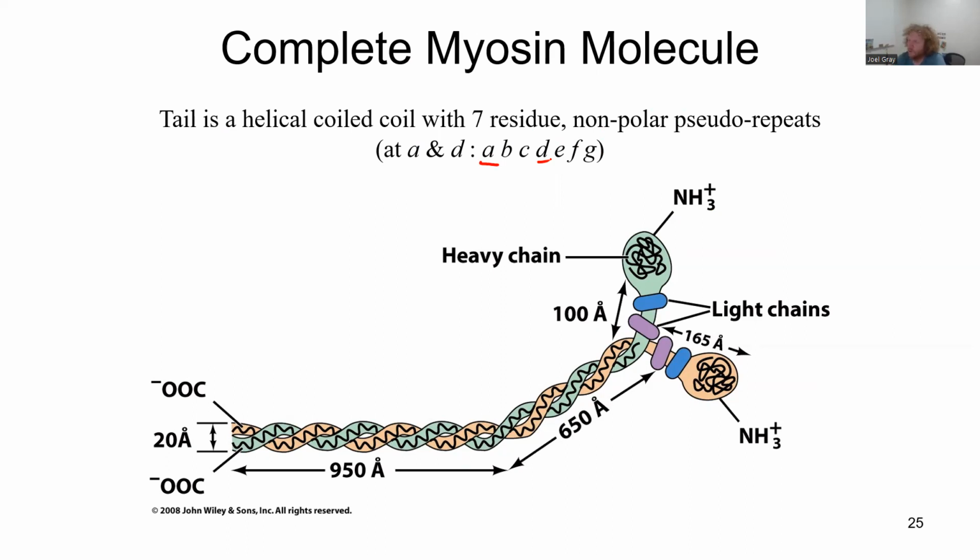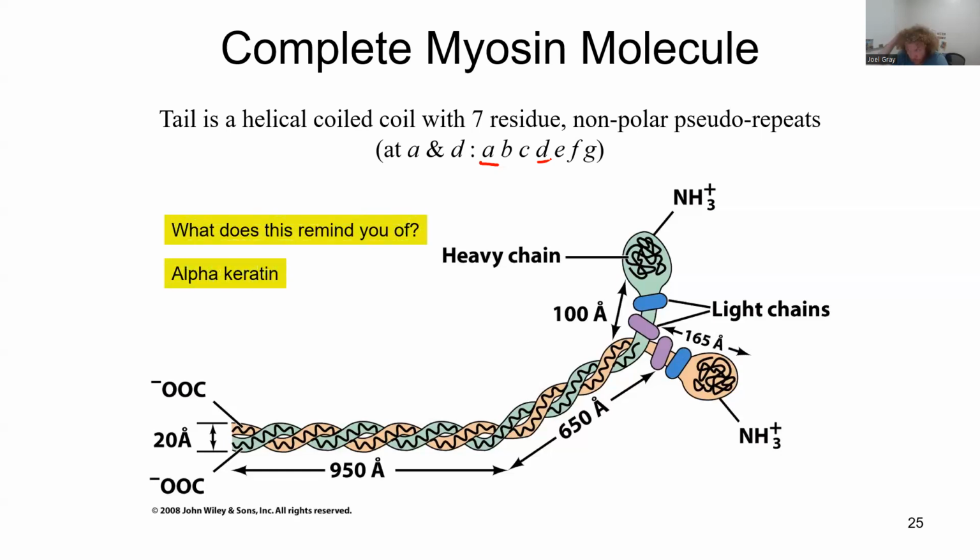Now, with respect to the structure of this, we have a heavy chain and a light chain of these proteins, and those are probably similar to what we saw when we talked about alpha keratin. So we had the same kind of rotation where we have these non-polar residues interacting with one another.